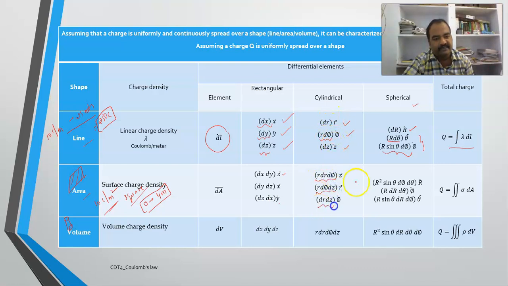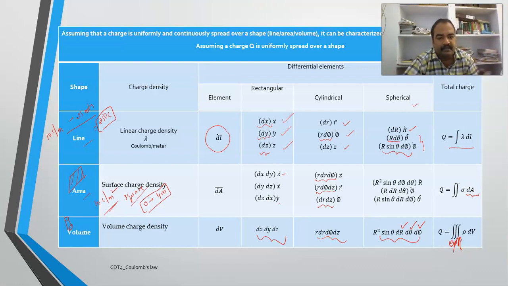So this is for the surface charge densities. I am supposed to go with a double integral because it has 2 dimensions. In case of volume, I am supposed to go with 3 dimensions: integrate with respect to r, theta and phi. The order is your choice.